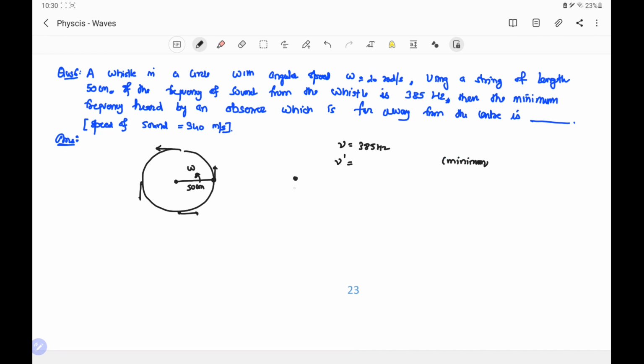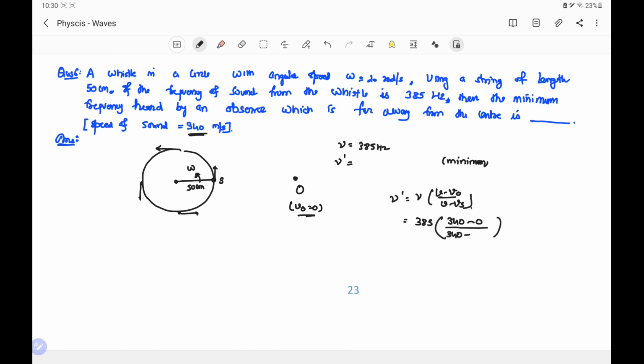So suppose this is the observer and this whistle acts as a source. So velocity of observer is 0, and we have to use the formula nu dash is equal to, this is the Doppler effect formula, that is nu into V minus VO by V minus Vs. It is equal to nu, that is 385, into speed of sound is given 340 meter per second, so it is 340 minus observer is stationary, it is 0, divided by 340 minus.